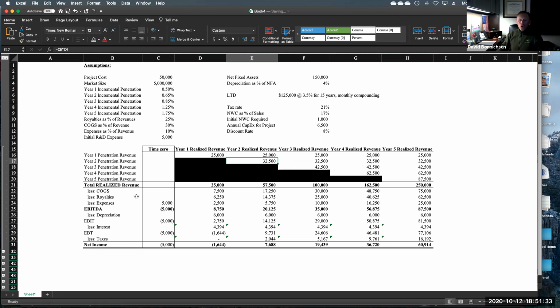And so our total realized revenue in year 2 is the layer of revenue from the work we did in year 1 that carried over to year 2, plus the work we did to grow our business by an additional 0.65%. So our year 2 realized revenue is the combination of the year 1 penetration revenues plus the year 2 penetration revenues.